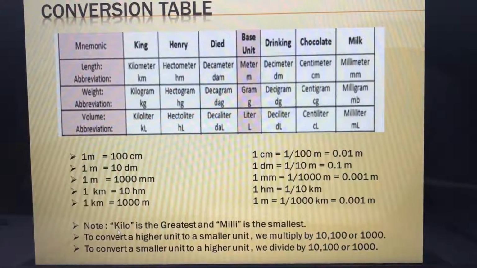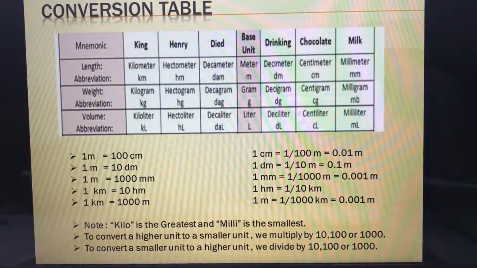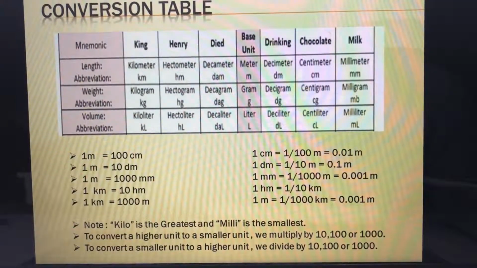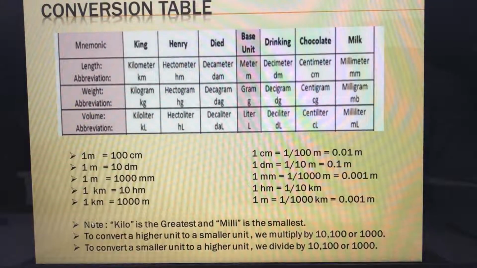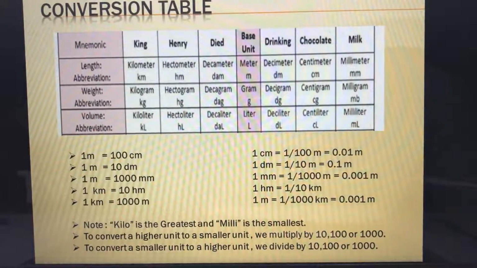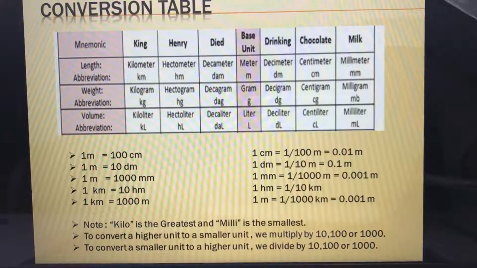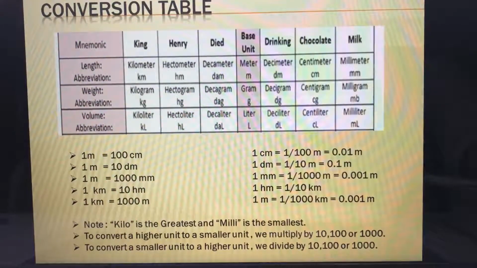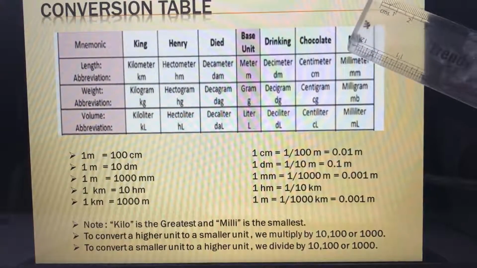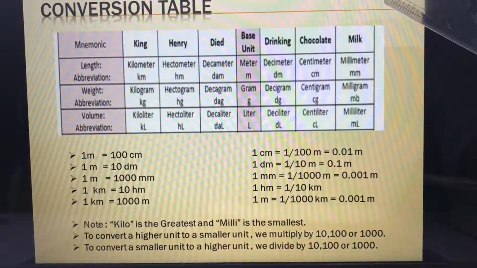Conversion table. We are all aware of this popular mnemonic, King Henry died while drinking chocolate milk. So in the centermost is a meter, M. To the right of meter is decimeter, dm, then centimeter, cm, and finally millimeter, mm.